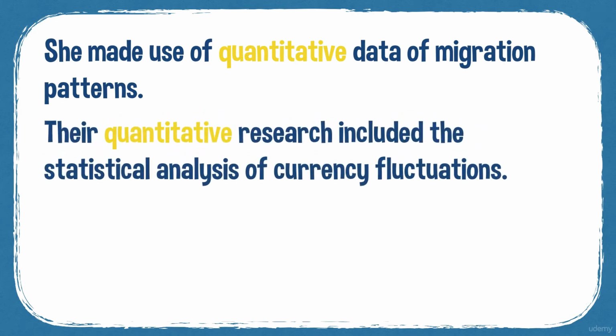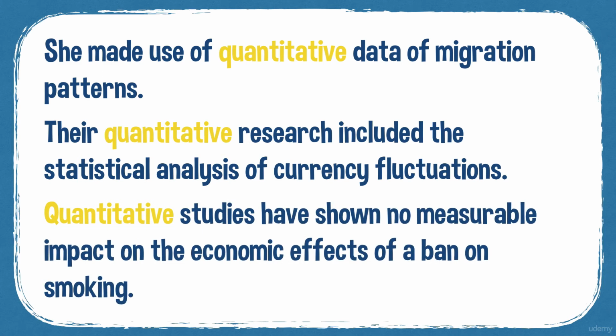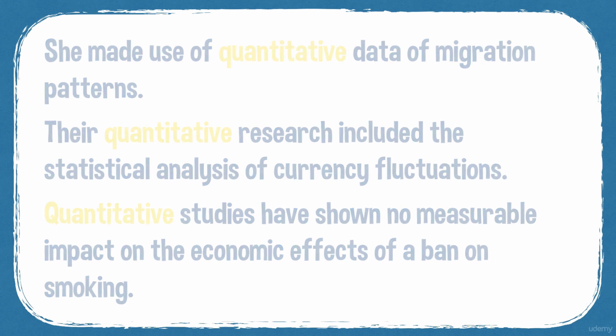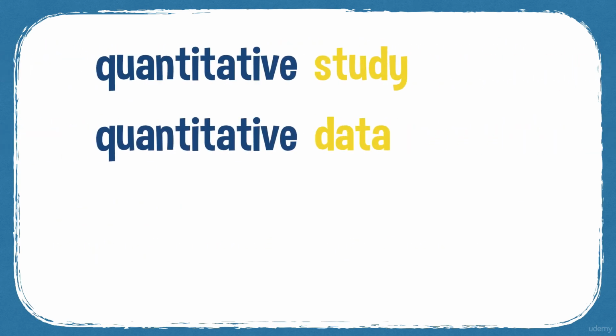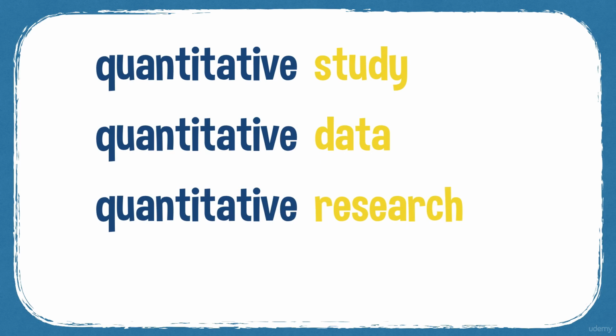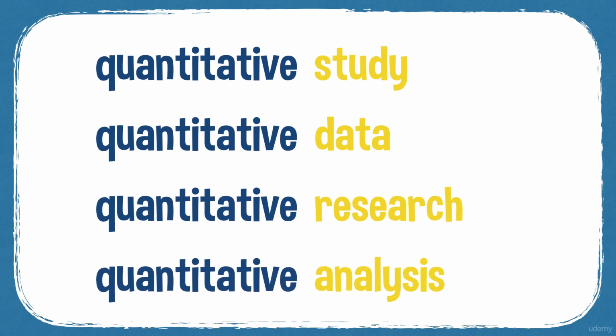Their quantitative research included the statistical analysis of currency fluctuations. Quantitative studies have shown no measurable impact on the economic effects of a ban on smoking. So we can talk about a quantitative study or data, quantitative research and analysis.